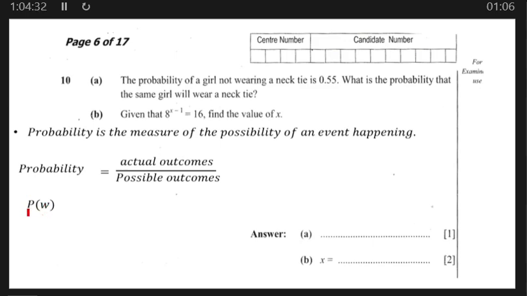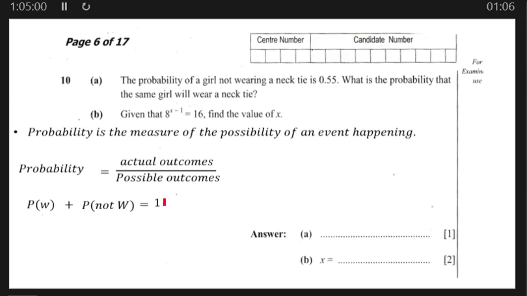So the probability of a girl wearing the necktie plus the probability of a girl not wearing the necktie must give us 1. That's how it is. So only one outcome must come. But this one has a chance of being that outcome, and this one has a chance of being that outcome. But we don't know which one is which.